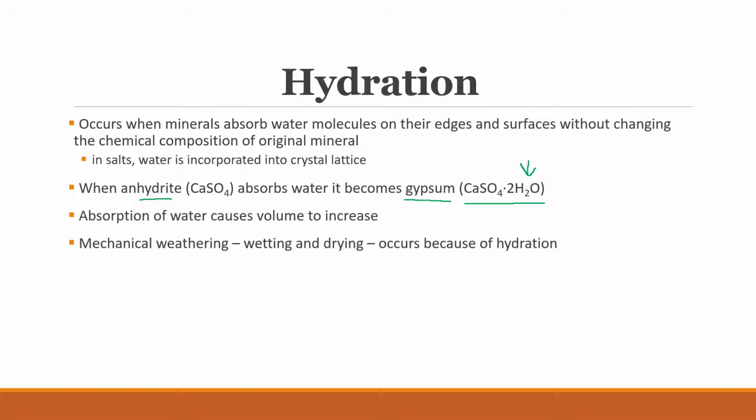That's occurring because of hydration. But this specific hydration is looking at this actual shift within the chemical composition of a mineral, versus wetting and drying, which is simply expansion and contraction.